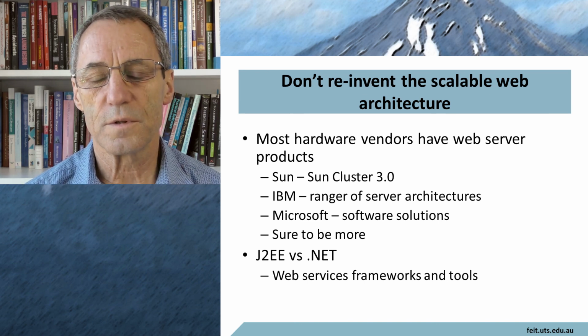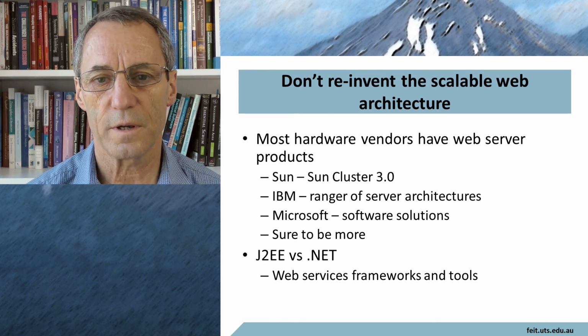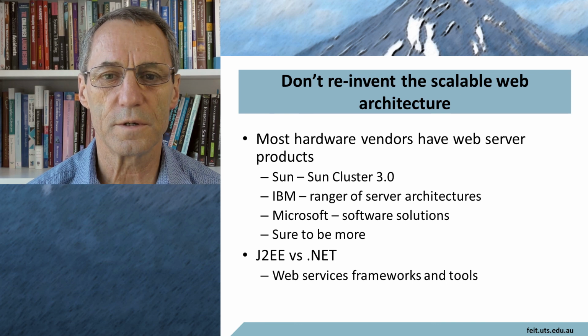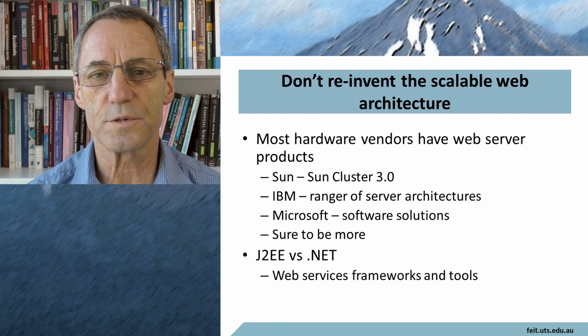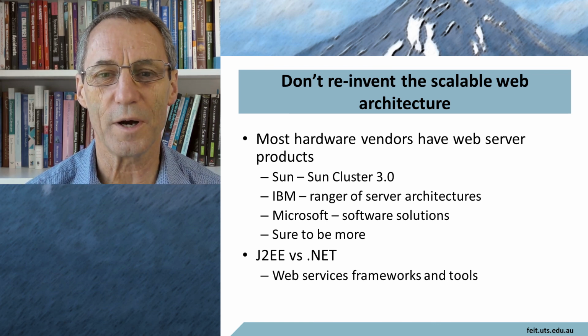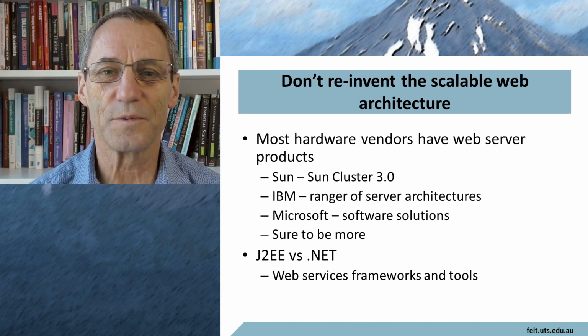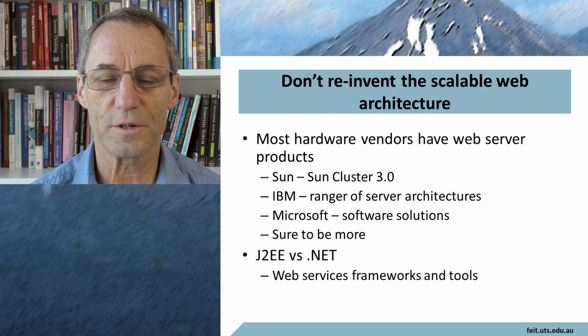There's a number of things, and don't try and reinvent it. A lot of these things have been built, tested, tried out, and they work pretty well. So it really pays to take advantage of the things you can readily buy and implement. And sometimes you don't even have to pay for them; they're just free. So don't reinvent the wheel. Just take advantage of what's available.